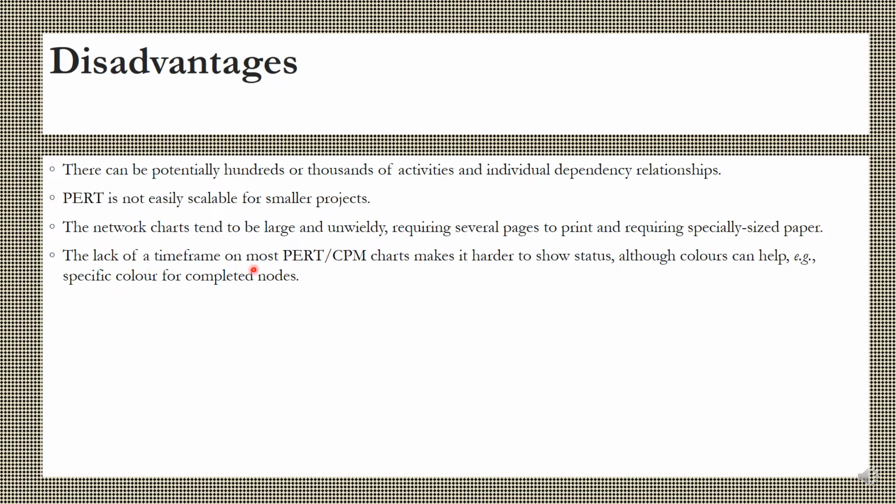The lack of time frame on most PERT or CPM charts makes it harder to show status, although colors can help, for example a specific color for specific completed objects. So these can be the disadvantages of PERT and CPM.